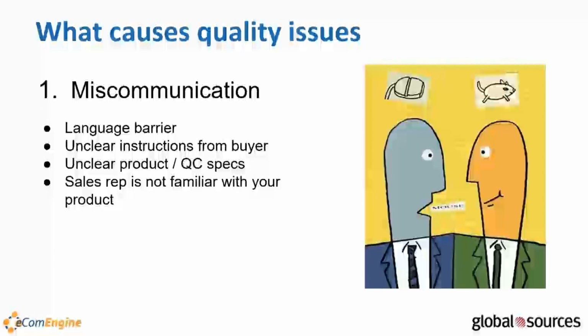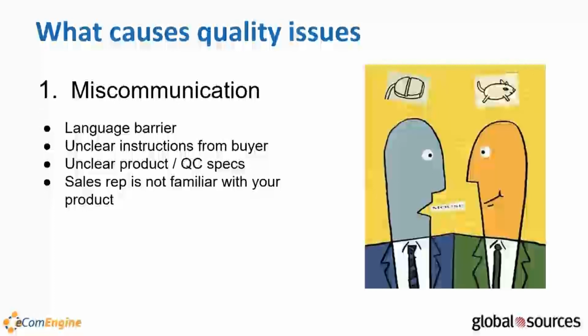For one, you're most likely communicating with someone who doesn't speak English as their first language. And secondly, you're most likely talking to the salesperson at the factory, who in turn has to communicate your requirements to the production manager. And it's not uncommon for things to get lost in translation or requirements not clearly communicated to workers on the assembly line.